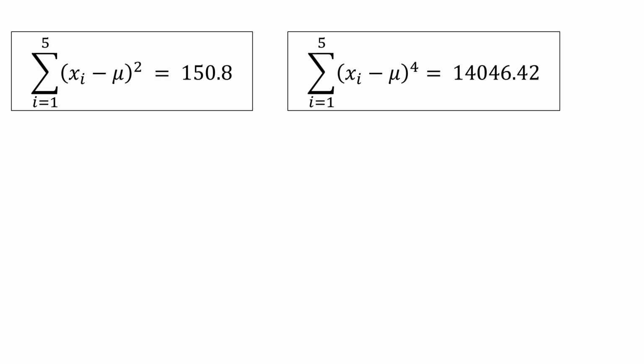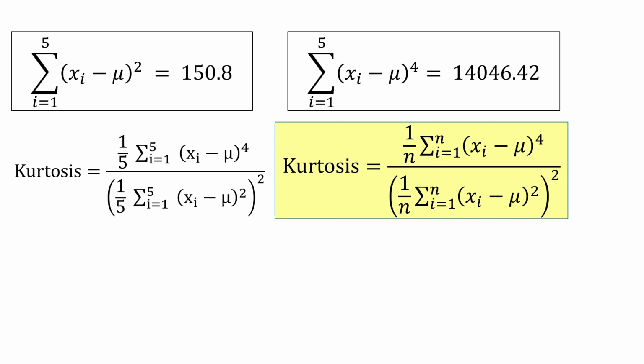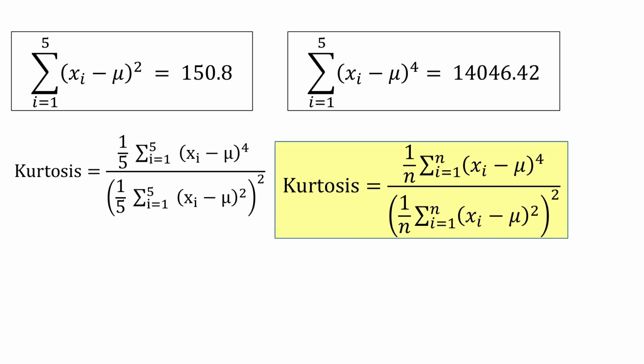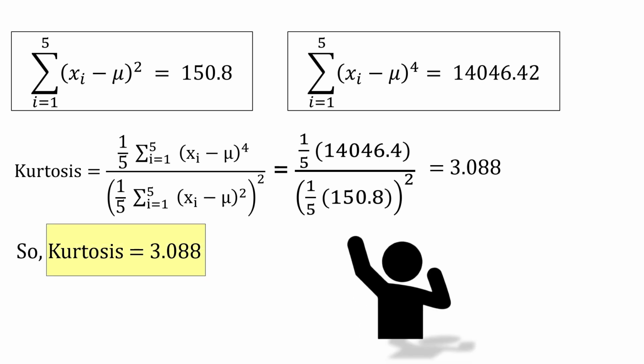These two sums are nothing but this. Now what is the kurtosis formula? This is the kurtosis formula, and for our data set which has 5 numerical values, our kurtosis formula will become something like this. Now plug in the values and we will get our kurtosis.